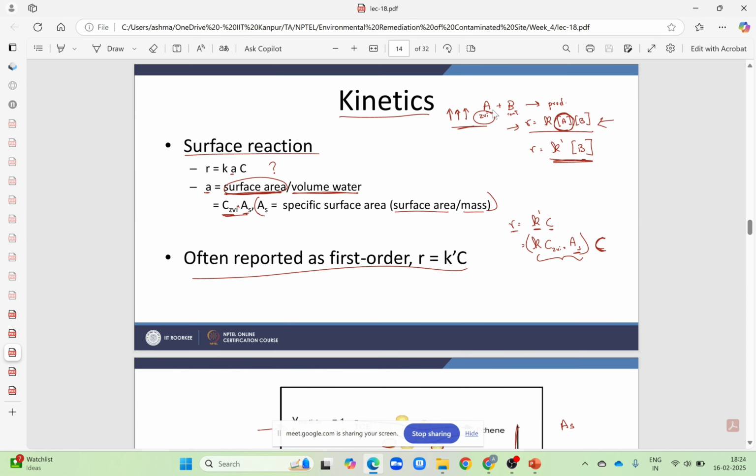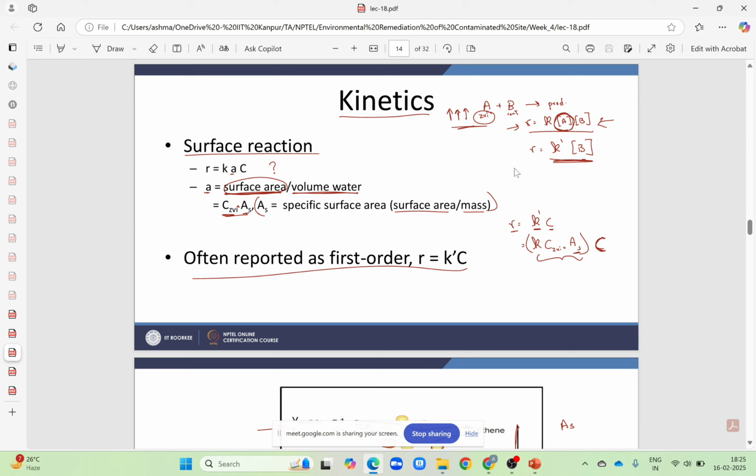Suppose for a reaction A plus B giving us the product, we can write the rate for the reaction as k times the concentration or activity of A into the activity of B. And if the reaction is such that the concentration of A is getting reduced very slowly or it is in excess, then we can consider it as constant and multiply it to get a new rate constant.